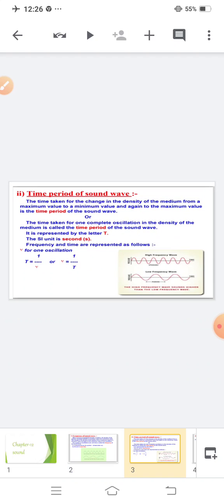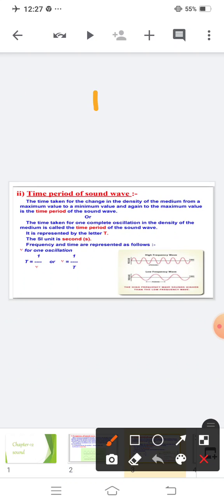In simple language, the time taken for one complete oscillation in the density of the medium is called the time period of the sound wave. It is represented by capital T, and its SI unit is second.